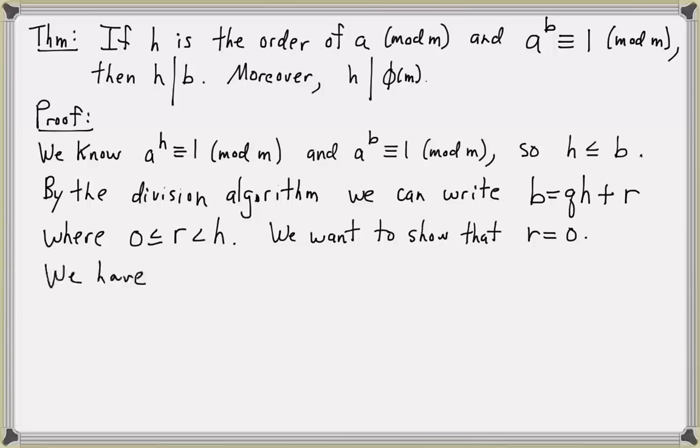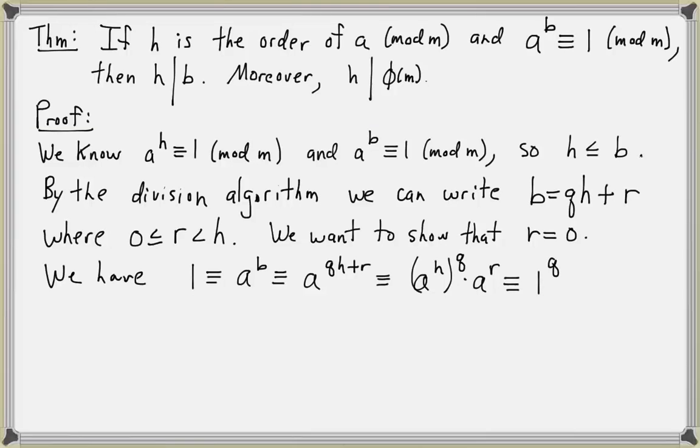So we have 1, which is congruent to a to the b mod m. That equals a to the qh plus r. And then rewriting this as a to the power h raised to the power q times a to the r, we see that a to the h will be congruent to 1.